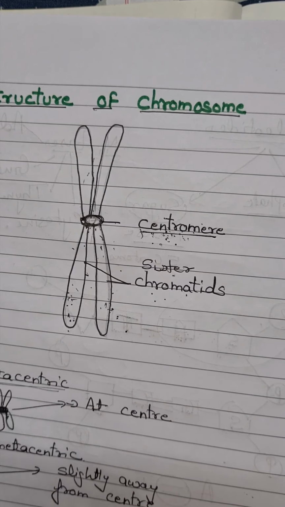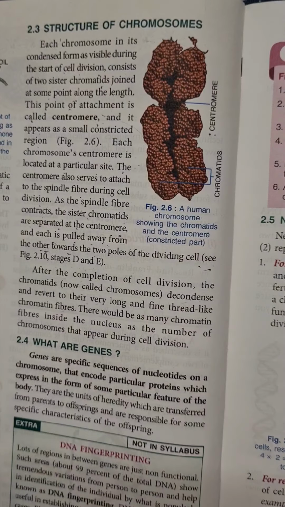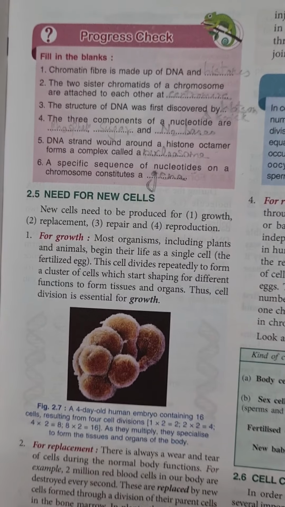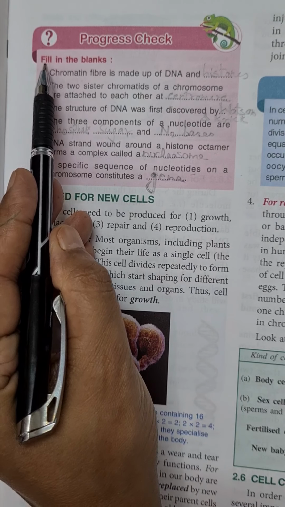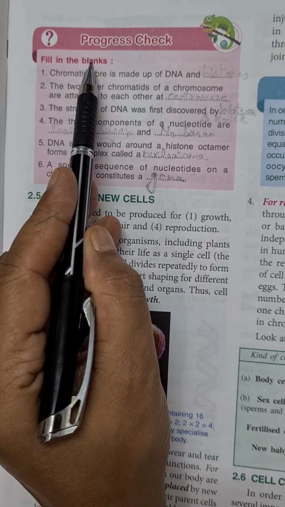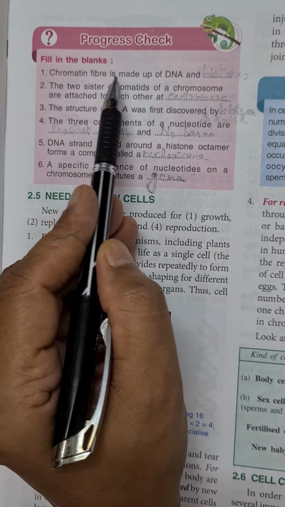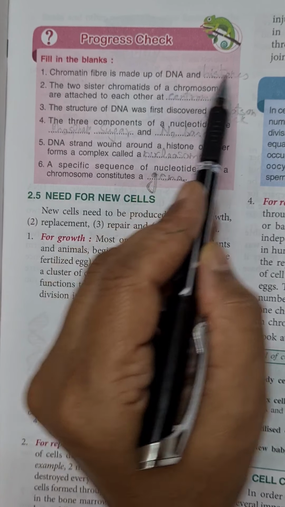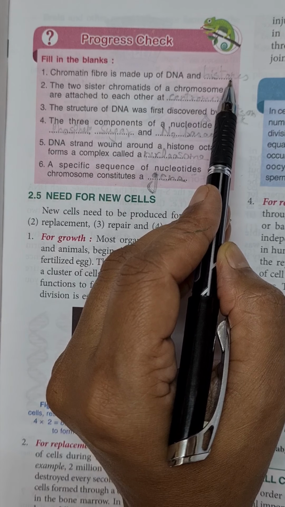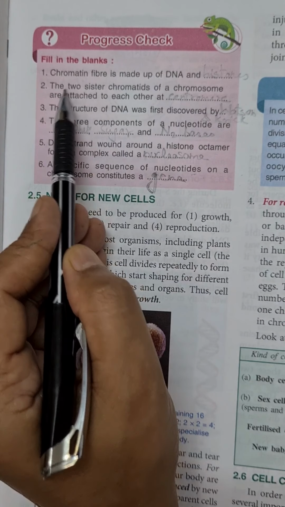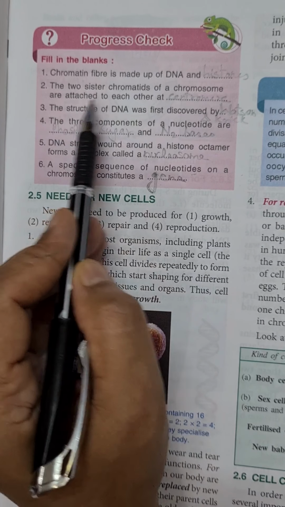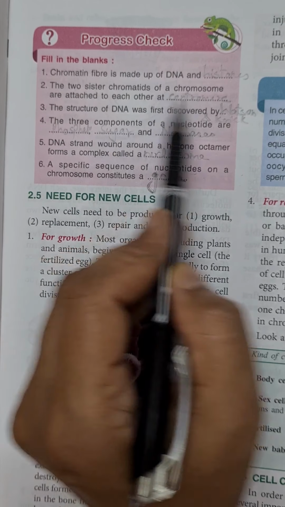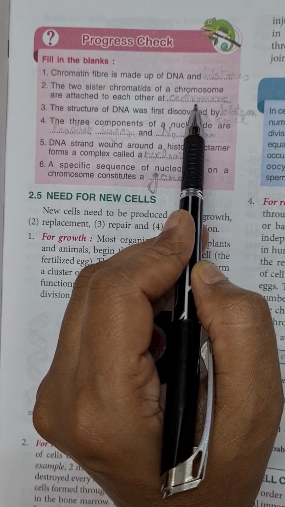Now next we will start with the progress check, which is given on page number 11. Fill in the blanks. First, chromatin fiber is made up of DNA and histones. Second, the two sister chromatids of a chromosome are attached to each other at the centromere.